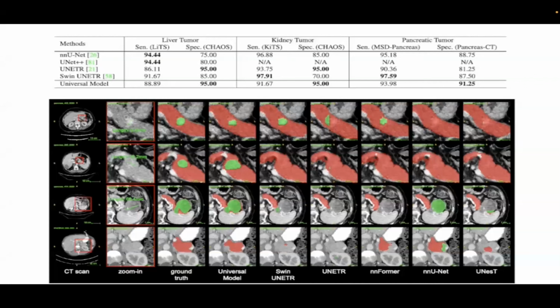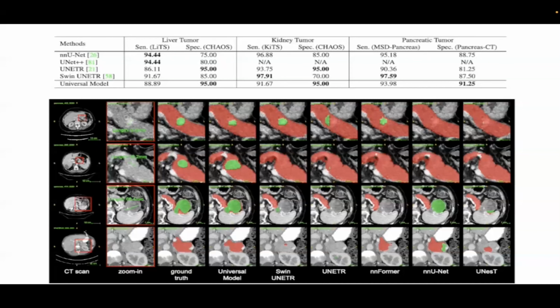And then to look at some qualitative examples, here we see some pancreatic tumor detection examples. So in comparing the universal model to other models available, we can see that even visually, in essentially all instances, the universal model is most reminiscent of ground truth.